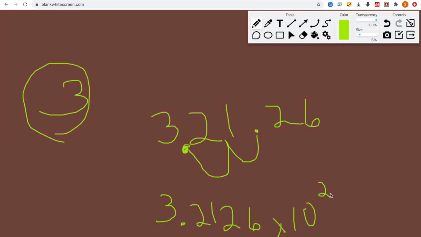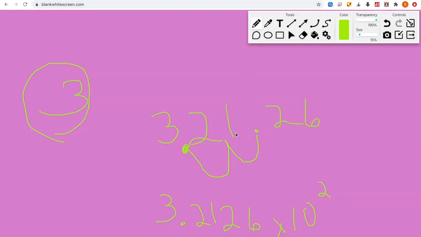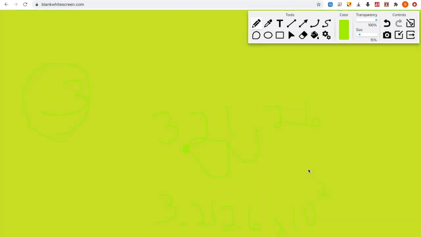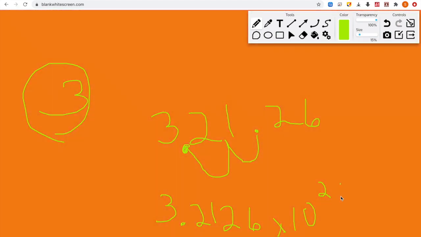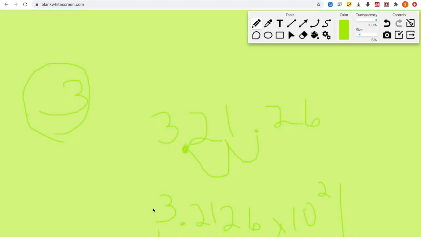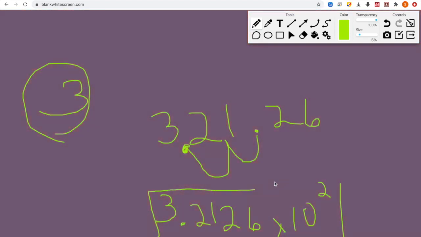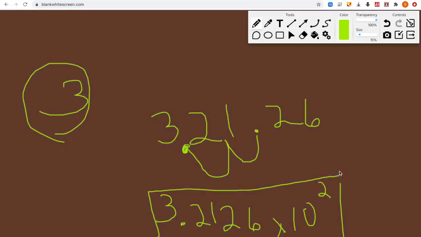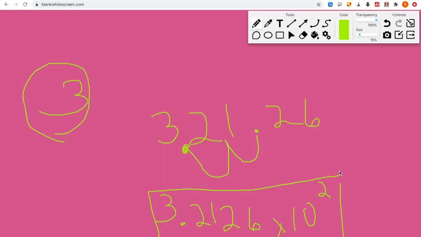Once again, I'm looking at my rules. If I am going from decimal form to scientific notation, and I'm going to the left, it is going to be a positive exponent. So I'll just leave it as 2.